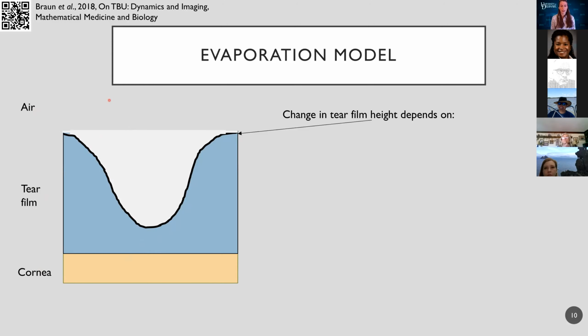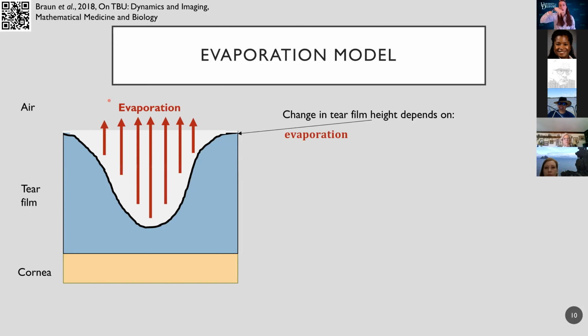So the model tells us how a couple different things change over time and in space. So the tear film height, which is this black line, so it's low right in the middle of breakup, depends on a couple things. Evaporation is drawing water out from the tear film, so it's decreasing the tear film height. Osmosis is adding fluid from the cornea to the tear film. We know osmosis moves water from regions of low concentration to high concentration. So the tear film's getting salty, so it's high concentration, so you're moving pure water from the cornea into the tear film, so it's adding to the tear film height.